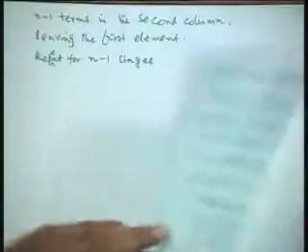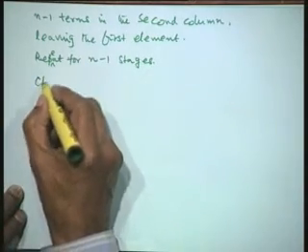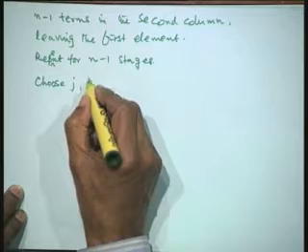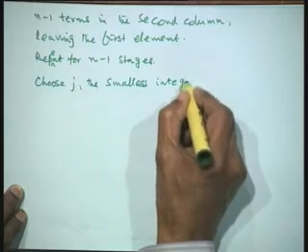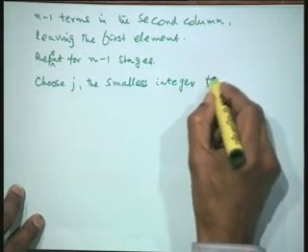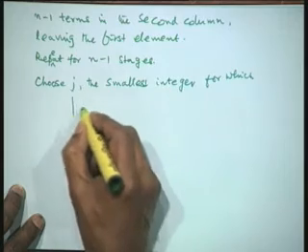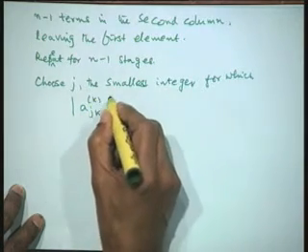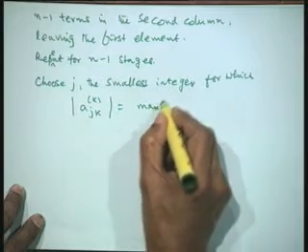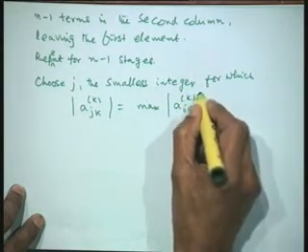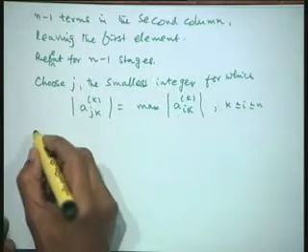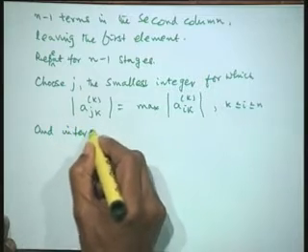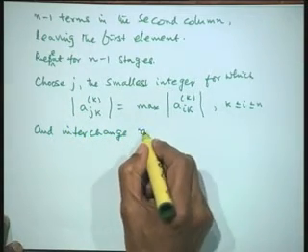Mathematically, let us write this down. We shall choose a particular j, the smallest integer, for which the magnitude of a_jk at any particular pivoting time is equal to the maximum of the magnitude of a_ik, for k less than or equal to i less than or equal to n, and interchange rows k and j.